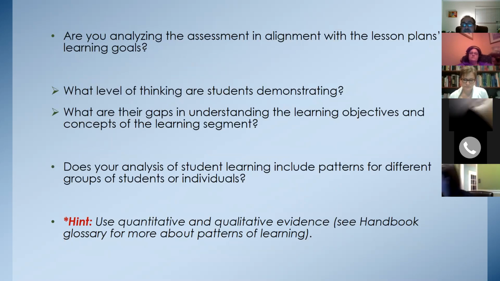What are their gaps in understanding the learning objectives and concepts of the learning segment? Does your analysis of student learning include patterns for different groups of students or individuals? So let's go back to our coin counting lesson.